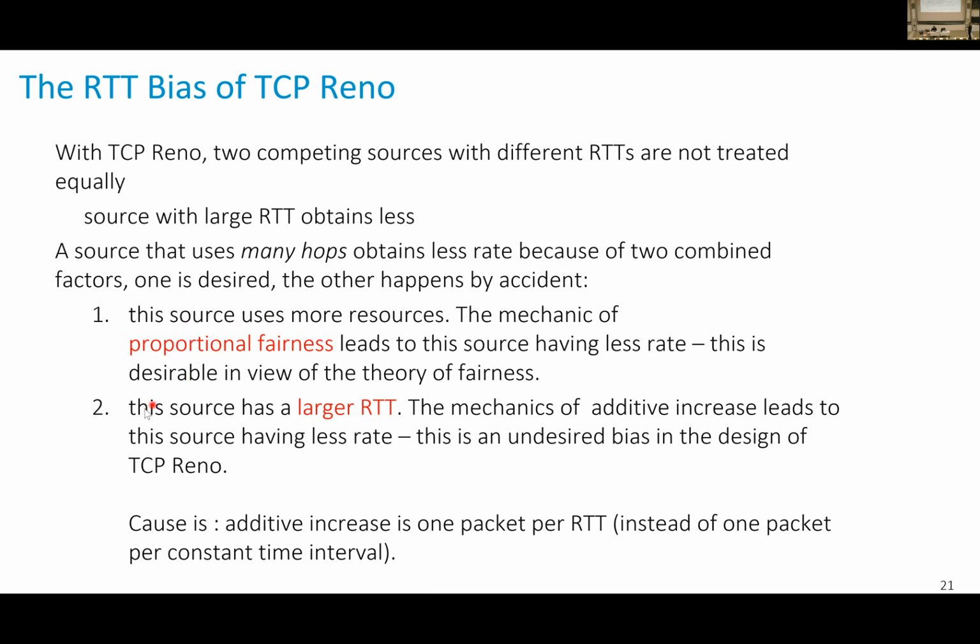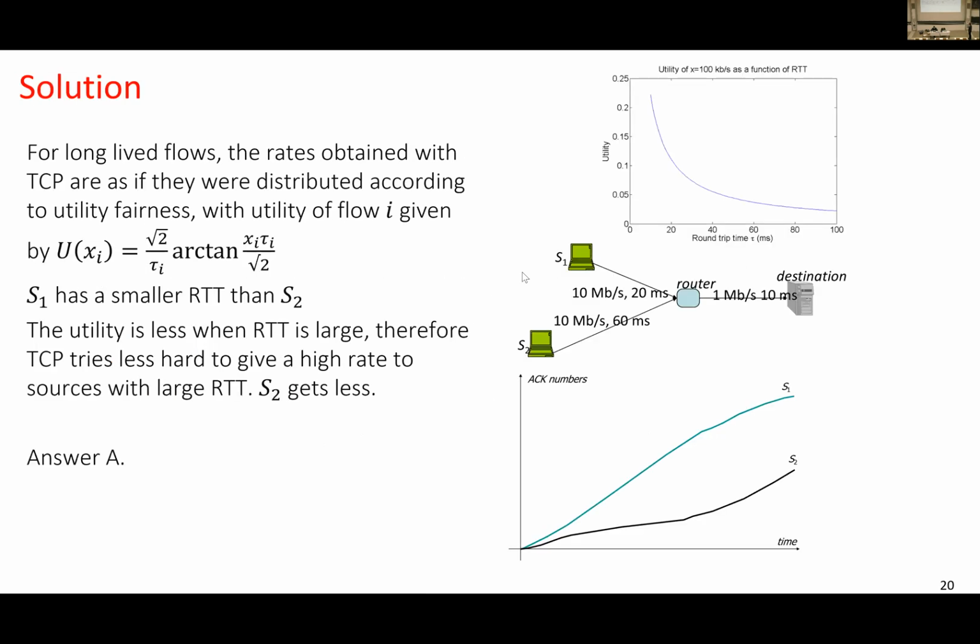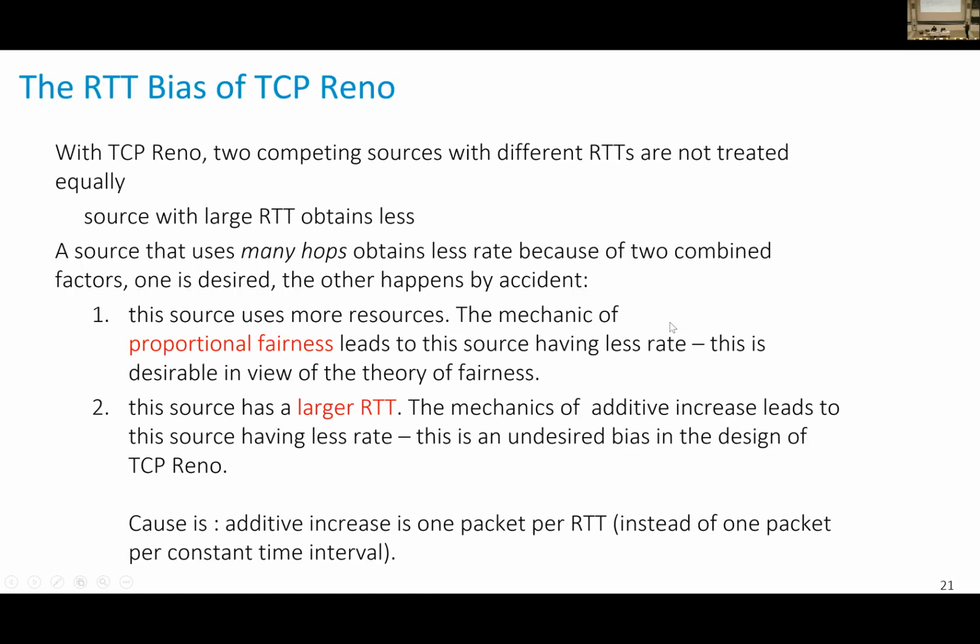It comes from the utility maximization framework, but part of it is a true bug, and it has to do with the fact that in the example we gave before, the two sources are exactly in the same position with respect to the bottleneck, except this cable here is longer. So there's no reason this guy gets much less than this one. The bottleneck is here, they should receive exactly the same. Now there is a physical reason. It's in the way TCP implements additive increase: 1 packet per RTT.